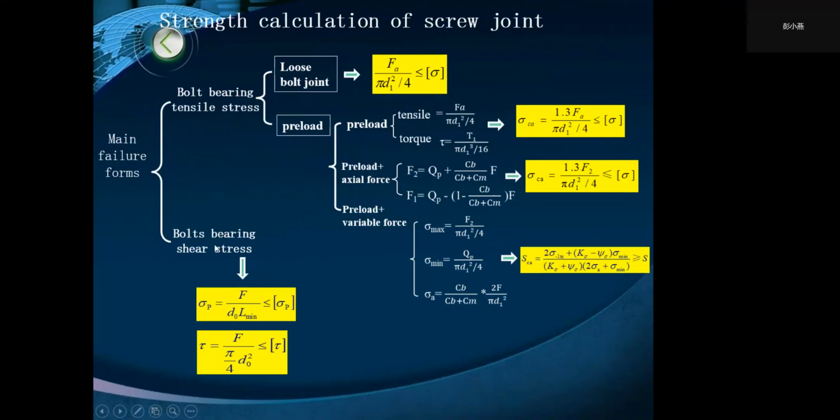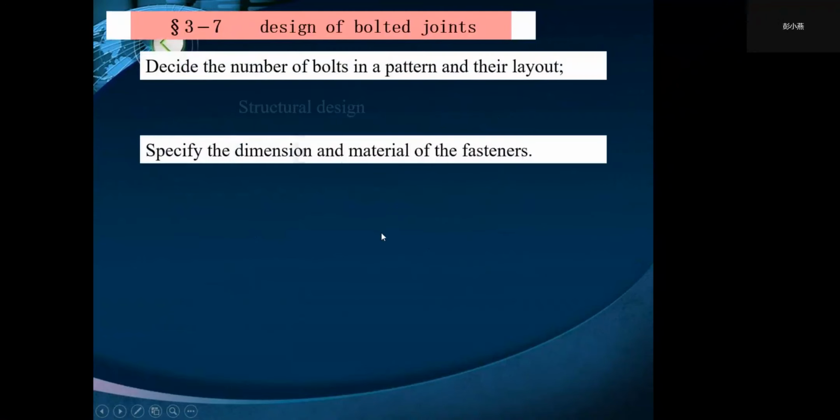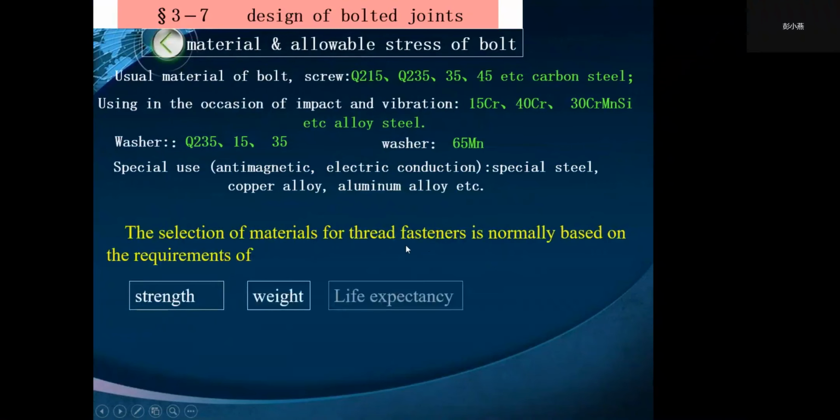If the bolt is bearing shear stress, we use this to calculate the size of D0. And then we learn the design of bolted joint. We should do structure design first, and then do force and strength analysis.